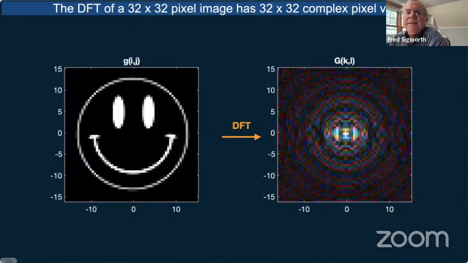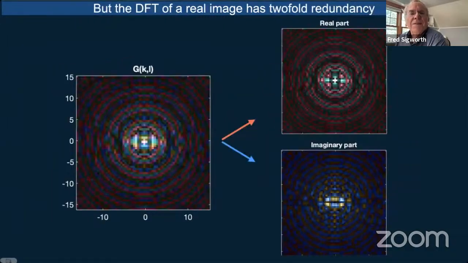It's a complex number. And immediately you should say, well, gee, a complex number has two parts. It has a real and an imaginary part, and so there must be twice as much information here as there. There's something wrong. Well, it turns out that the real part and the imaginary part are each centrosymmetric.